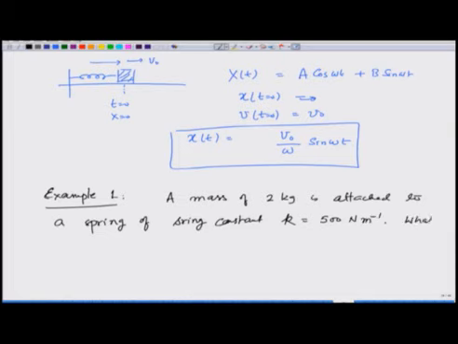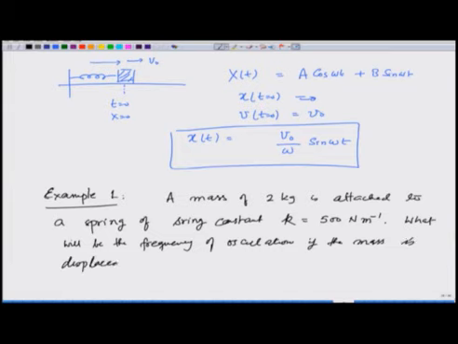What will be the frequency of oscillations if the mass is displaced from its equilibrium position and released.